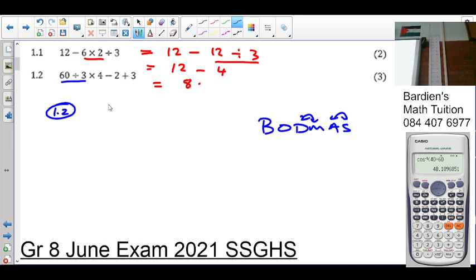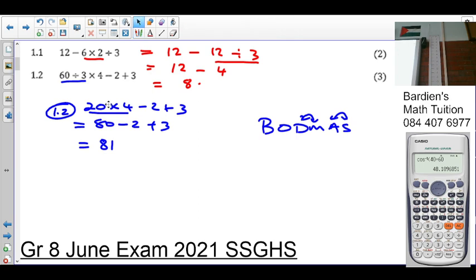So that's going to give you 20 times 4 minus 2 plus 3. What's 20 times 4? 80. Minus 2 plus 3. What's 80 minus 2? 78. Plus 3? 81. Guys understand? Any confusion at this point?